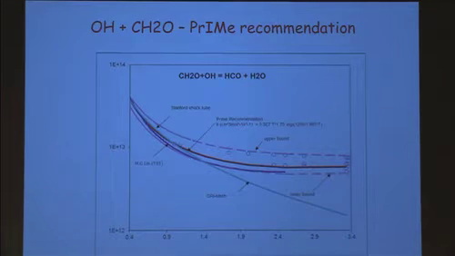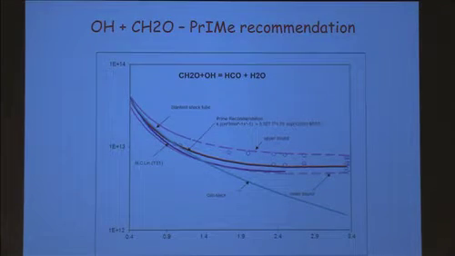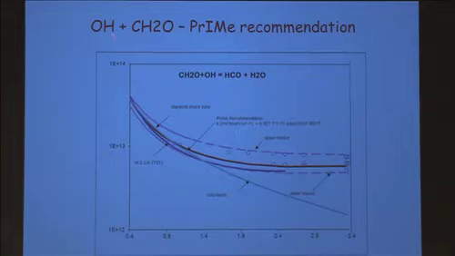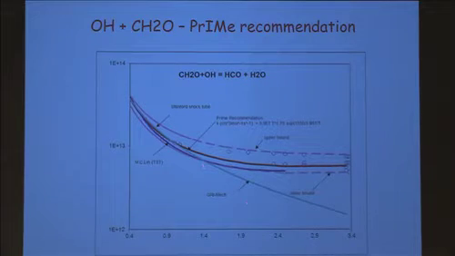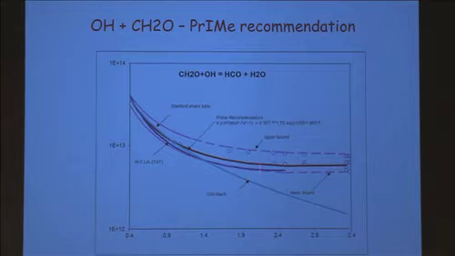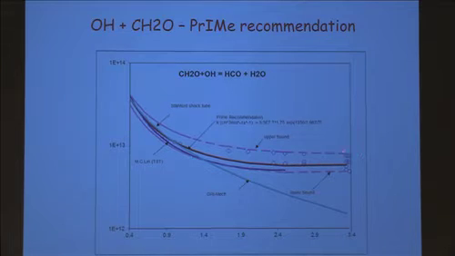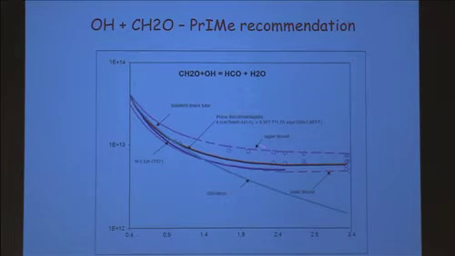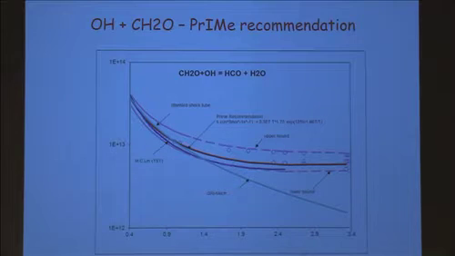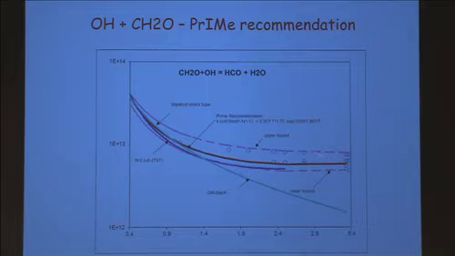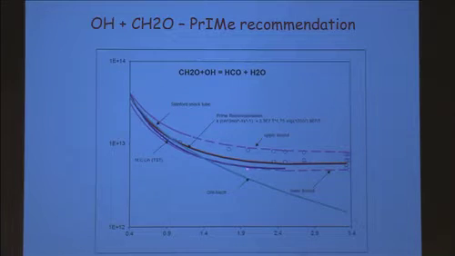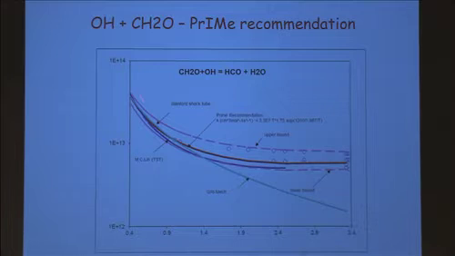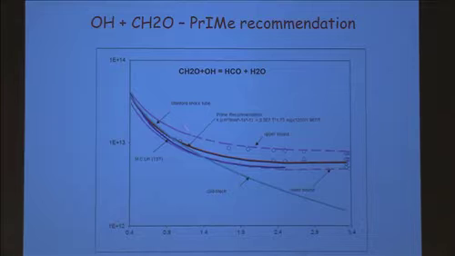And this is an example of a PrIMe recommendation for this particular reaction, OH plus formaldehyde. This is very much a sort of evaluation. So here's experimental data on which the analysis is based. The red line is the recommendation, and there's the PrIMe recommendation there, the upper and the lower bounds. And this shows you the value that was used within GRIMEC.